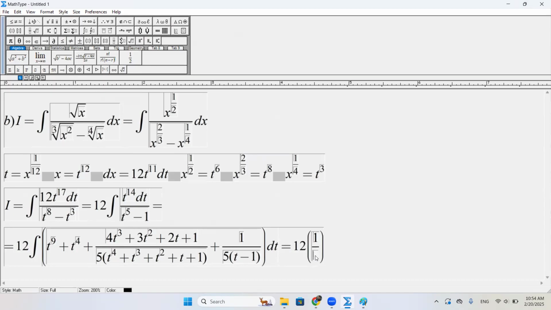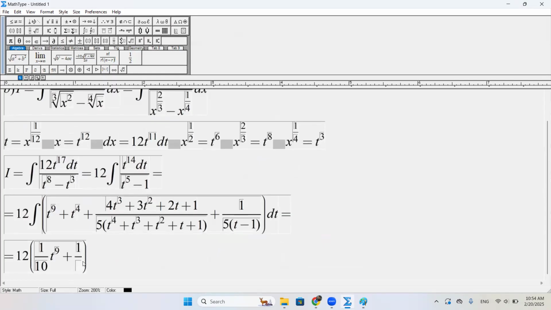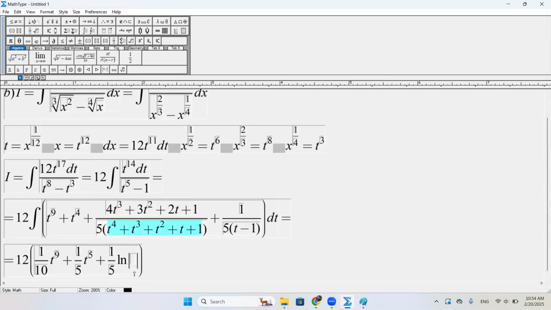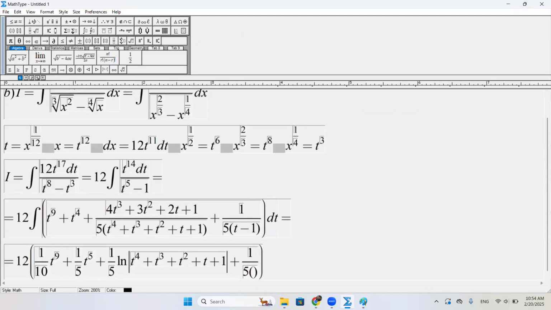So 1 over 10 t in power of 9 plus 1 over 5 t in power of 5 plus 1 over 5 logarithm of this expression plus 1 over 5 logarithm of t minus 1, and plus c.